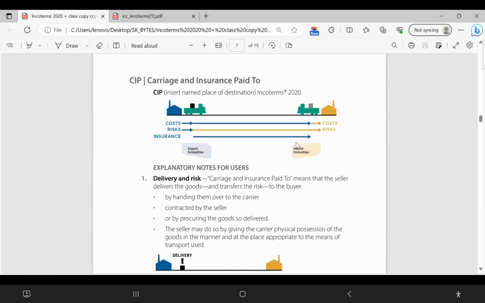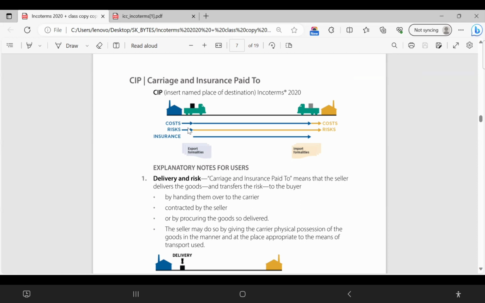Now CIP. CIP means carriage and insurance paid to. Similar to CPT, insert named place of destination. Cost: the seller has to pay the main freight. Again, though insurance is there, risk transfers from seller at this point only, when the goods are collected by the first carrier.